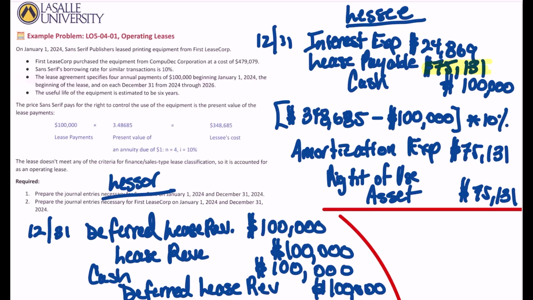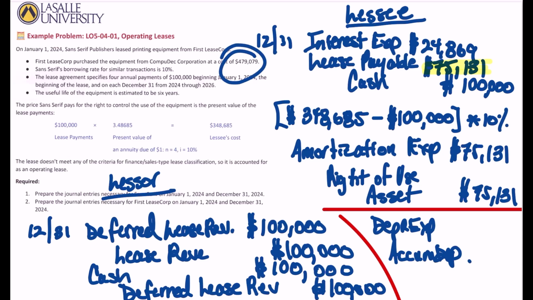And let's just mark it off here. So we're going to say debit depreciation expense, credit accumulated depreciation, and this is going to be equal to this 479,079 divided by the useful life, which is 6 years.